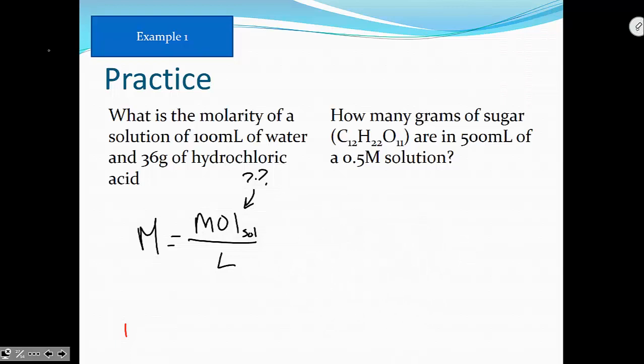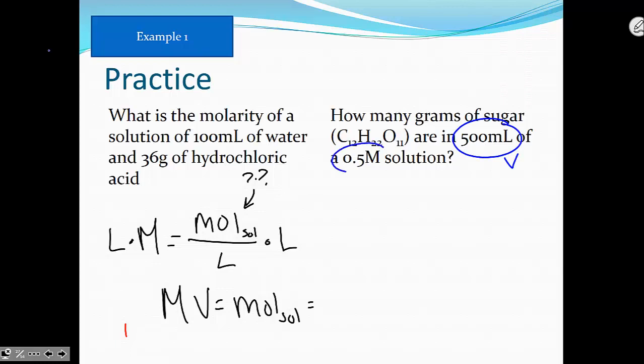If we want these moles, we can multiply by our volume on both sides. So molarity times volume gives us the moles of the solute. So if we take our volume and we multiply by our molarity, we can get the number of moles.